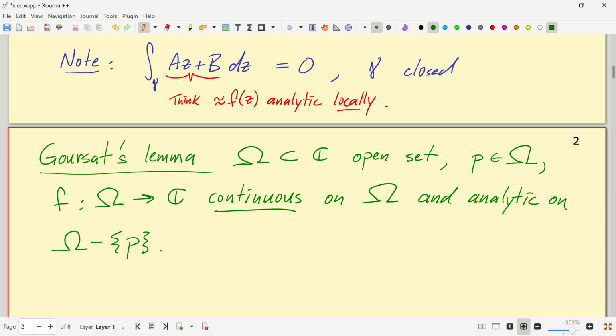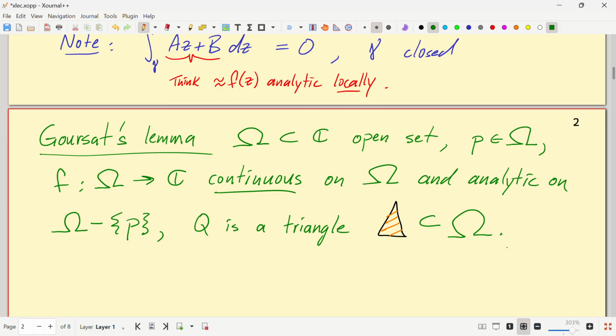And let's see, Q is a triangle. The triangle is going to include the boundary, and it's also going to include the inside. And that's going to be contained in omega, so the closure of that triangle is in omega. Well, then the conclusion.